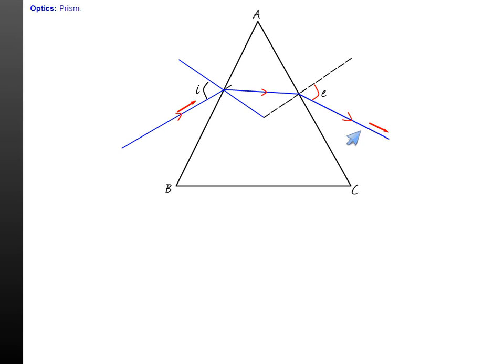So the angle between the direction in which the incident ray was moving and the direction in which the final ray was moving is called the angle of deviation, rho. Okay, so you can see that by an angle rho, the ray has been turned clockwise.